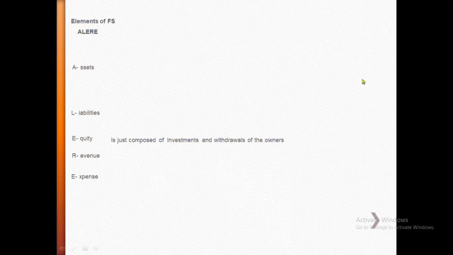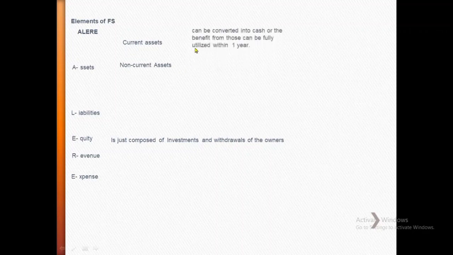The assets can actually be subdivided into two groups. So we have the current assets and we have the non-current assets. So let's define first the current assets. These can be converted into cash, and if not converted into cash, the benefit from them can be fully utilized within 1 year. Examples are cash, so no need to explain that.